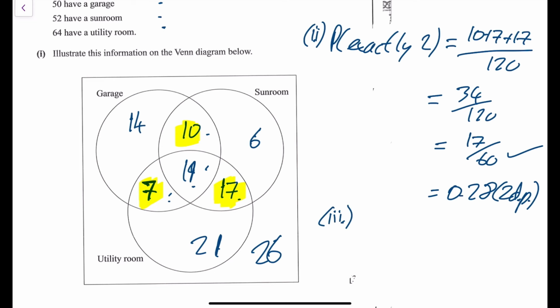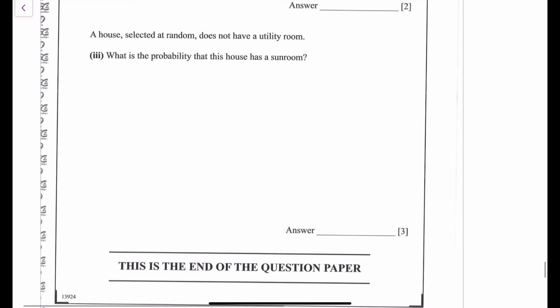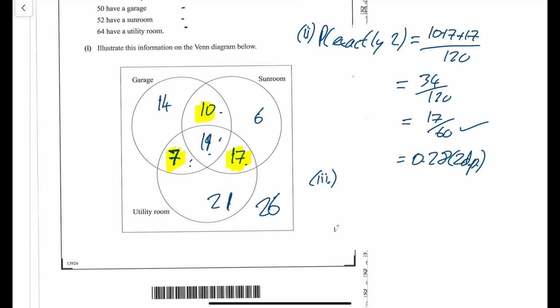Okay, part 3, the last part of this exam, says, a house selected at random does not have a utility room. What is the probability that this house has a sunroom?